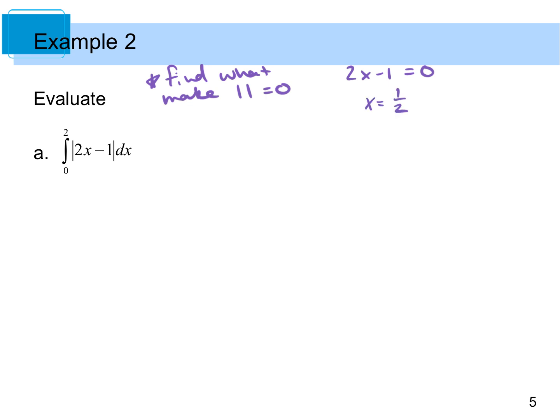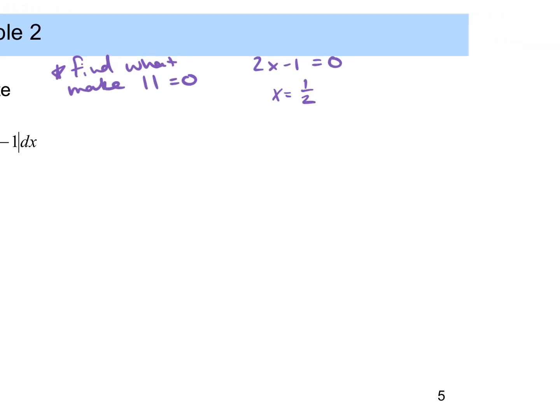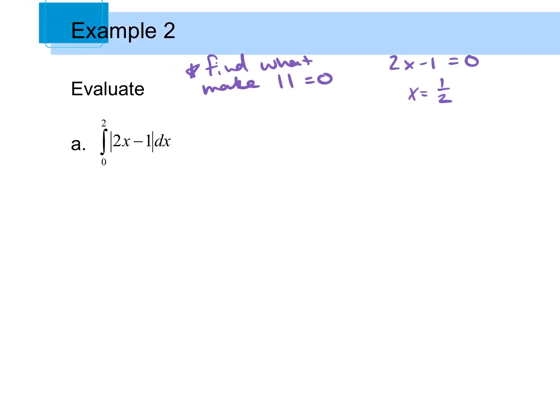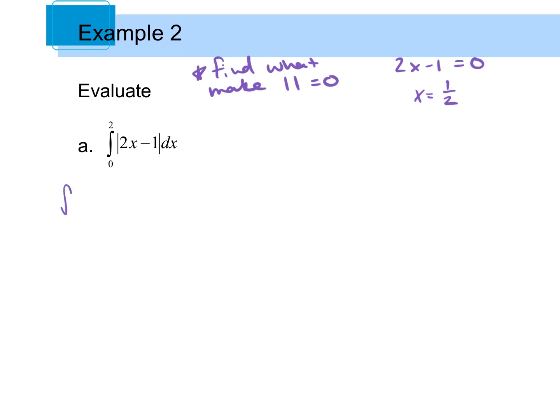Perfect, 1/2. So 1/2 is where we're going to split this up. So I'm going to take the antiderivative from 0 to 1/2 and the antiderivative from 1/2 to 2 now. So I have to split this up into 2.